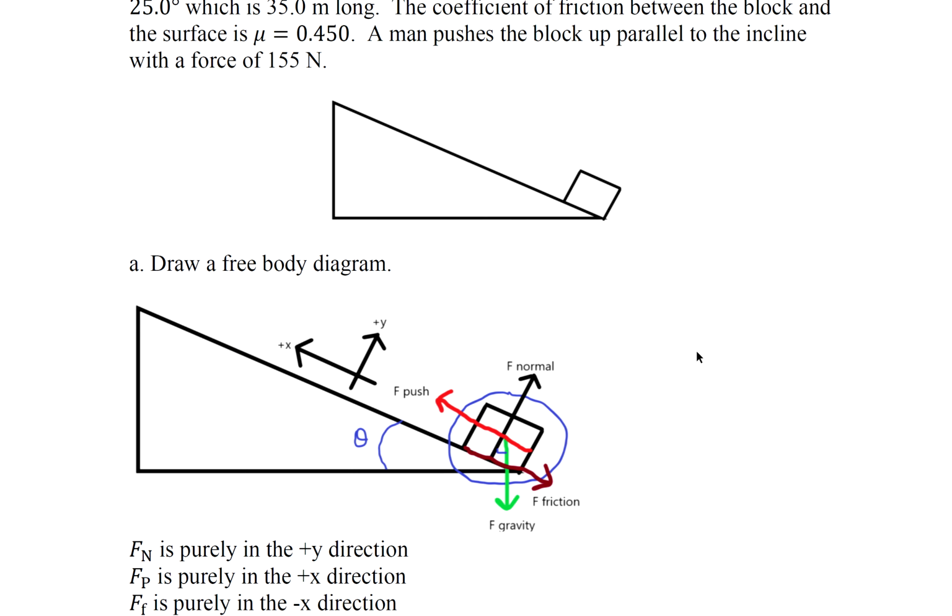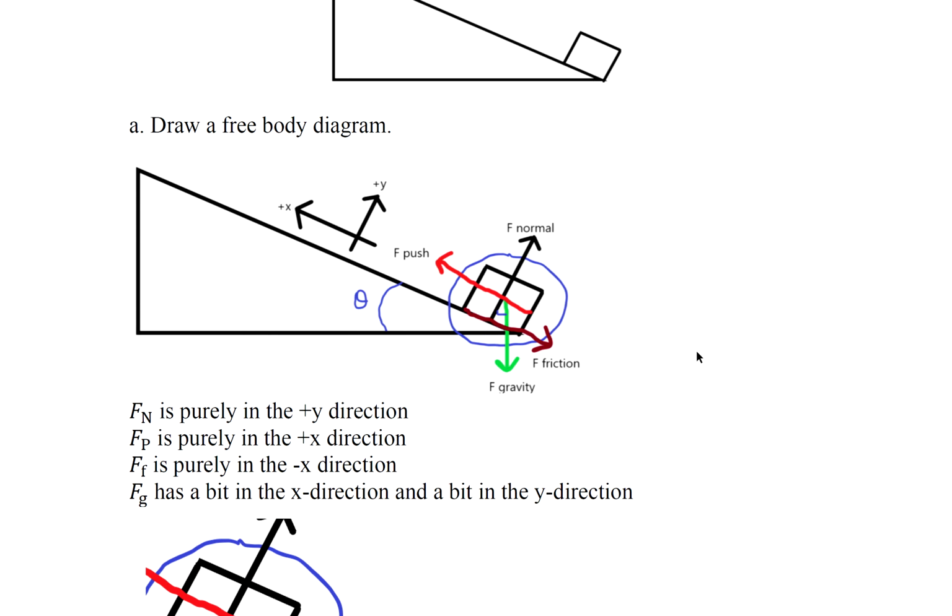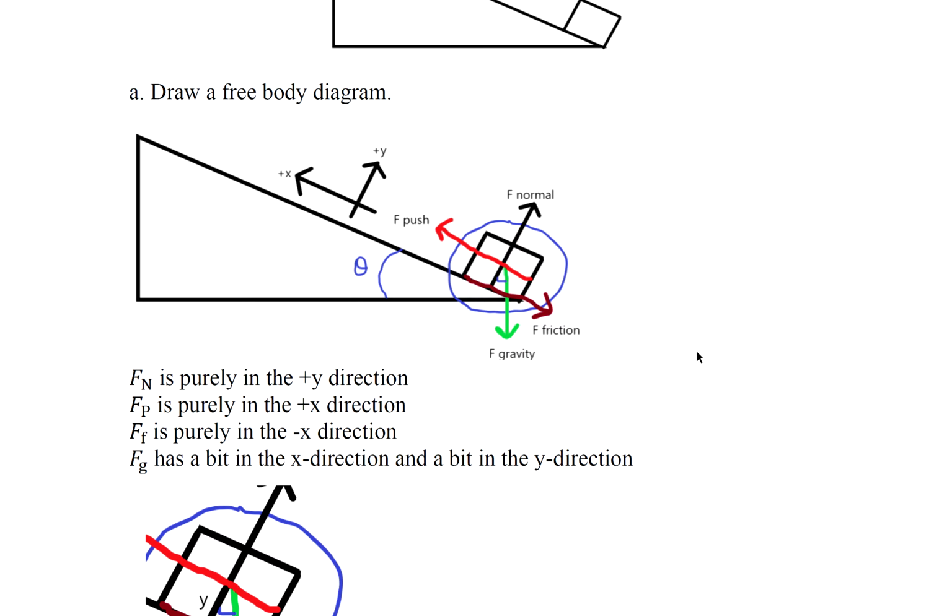So take a look at my x and y axis. My x axis is parallel to the slope, and my y axis is 90 degrees from the slope. My x axis is not westward, and my y axis is not northward. Okay. I did this to minimize sines and cosines. So Fn is purely in the plus y direction.